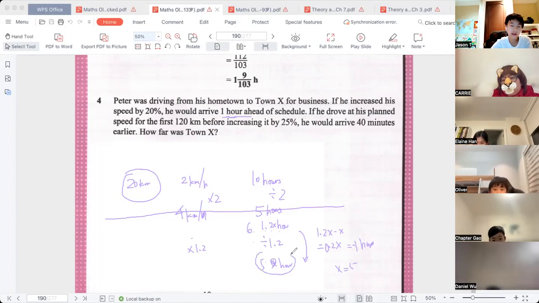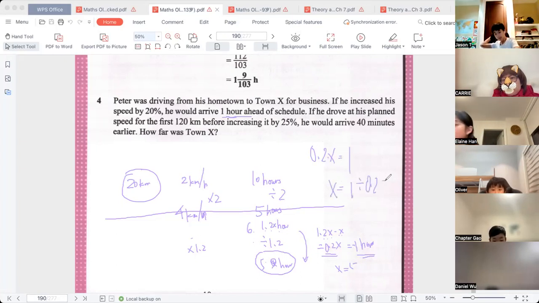Where did you get 5? Because 1.2x minus x equals 0.2x, right? 0.2x equals 1 hour. So x equals 1 divided by 0.2 equals 5. Okay.